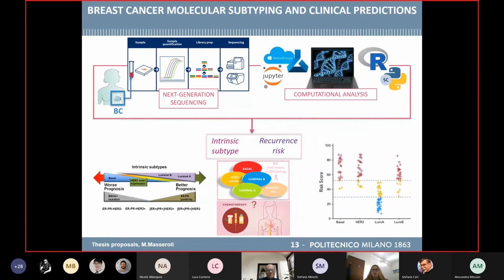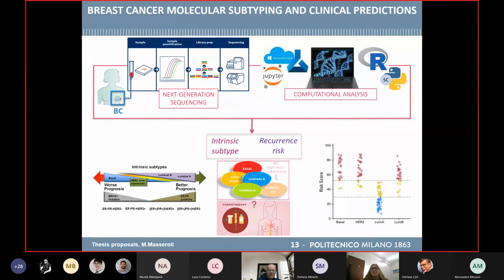Basically, our contribution was developing computational models to assign a single patient an intrinsic subtype and a recurrence risk score, considering that for each patient we have available a gene expression profile, which is basically, as Marco told you, a sample, an instance made of as many features, potentially, as the genes under investigation.